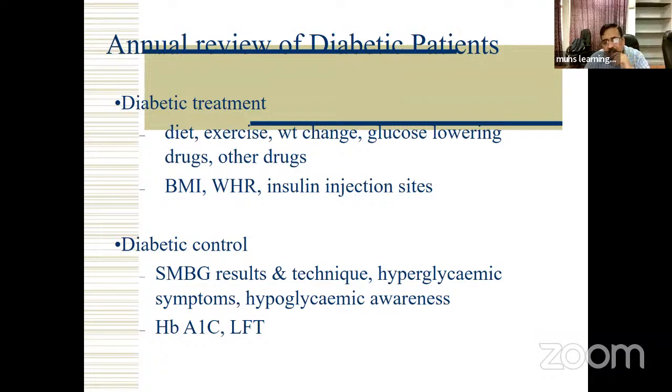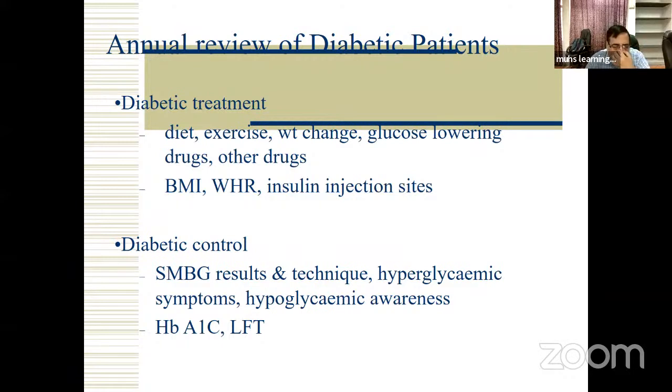Now we come to the very important topic, annual review. In diabetic treatment, diet, exercise, weight change, and glucose lowering drugs should be reviewed. What evaluations are a must for a patient who has come with diabetes? BMI, waist hip ratio, evaluation of injection sites, examination of food must be done.